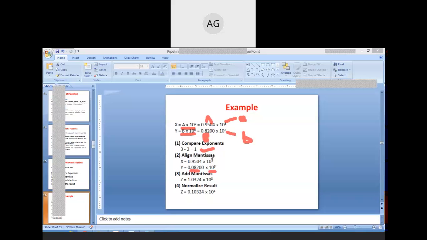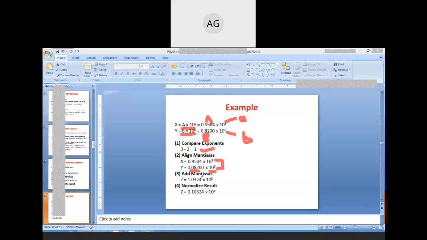In this step we align the mantissas. Both the x and y values now have the exponent 10 to the power 3. As both values are aligned, we can perform the addition operation.